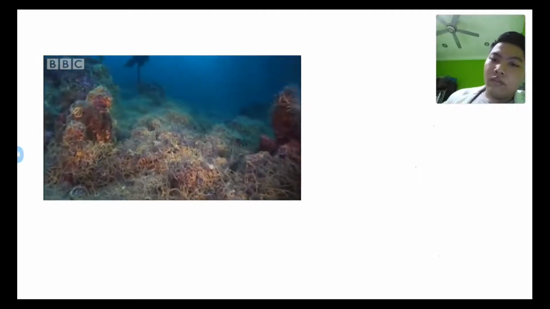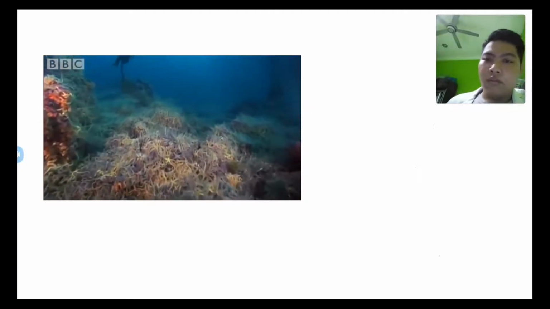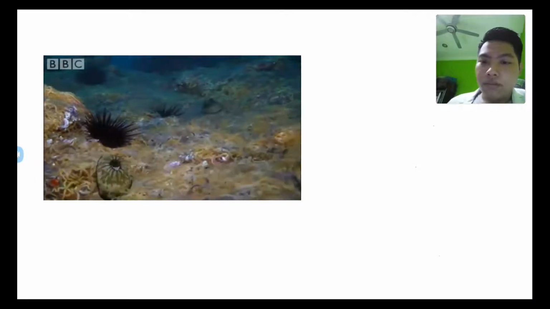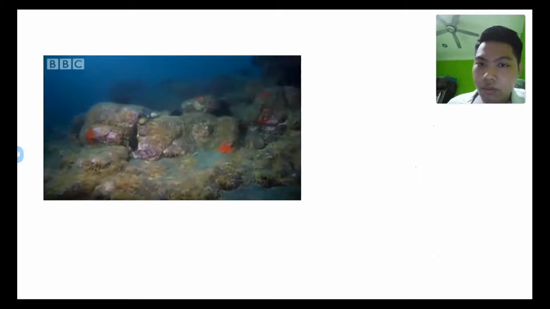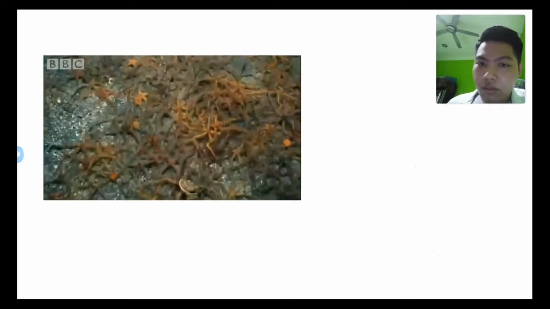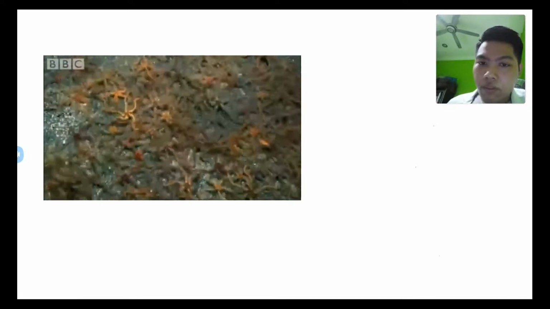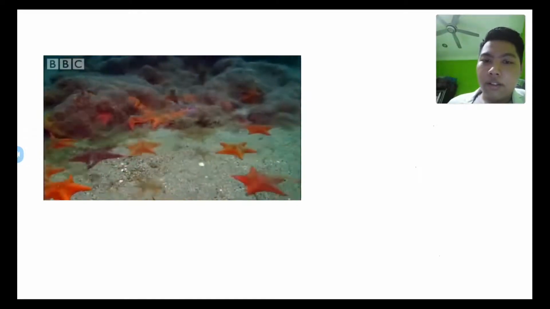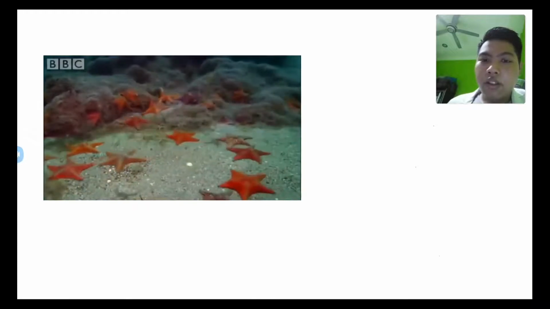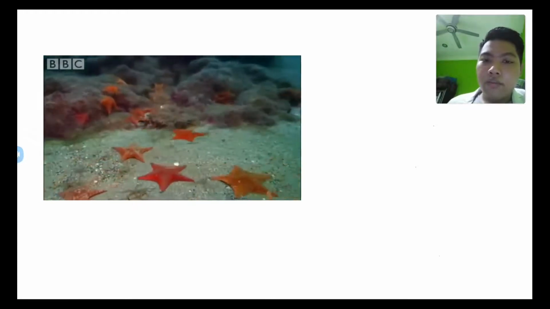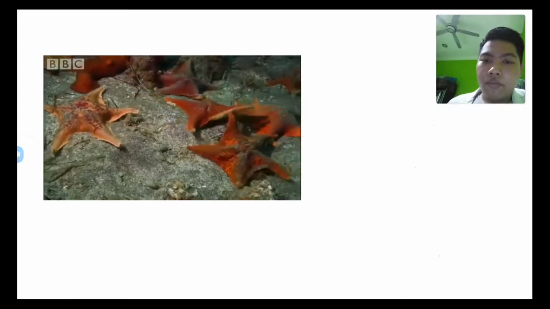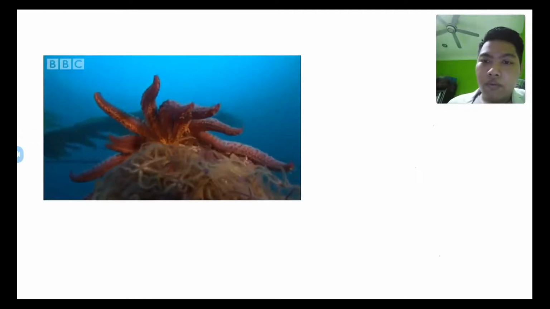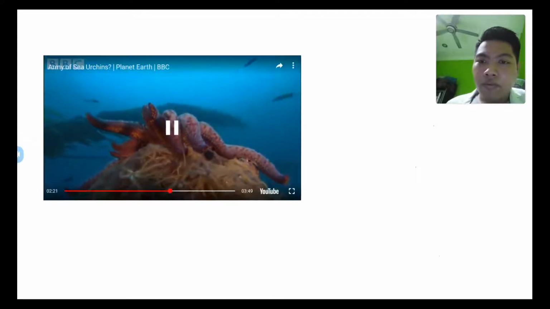Yet, barrens is a poor description. Millions of invertebrates invade the seabed. The most fearsome predator here is a giant. The sunflower starfish is a meter across, with an appetite for brittle.